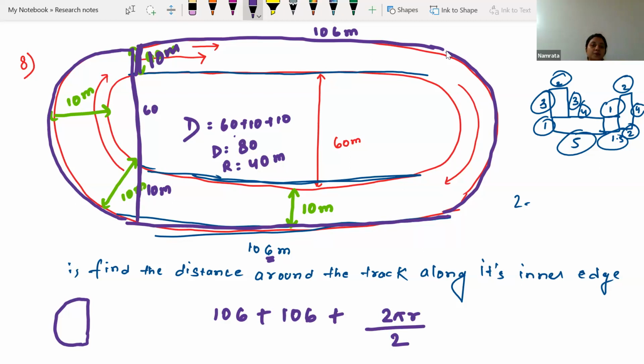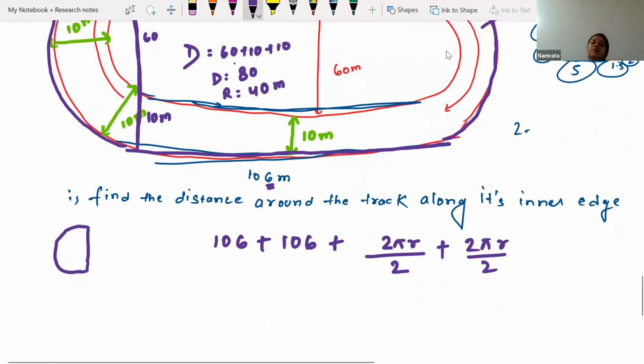Yes or no? Similarly, for this other semicircle we will do the same thing, and the measurement is the same as the left-hand side semicircle. So here also we have 2 pi r over 2, and that will give the total distance, right?